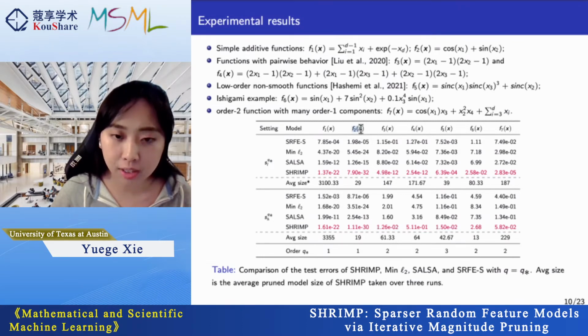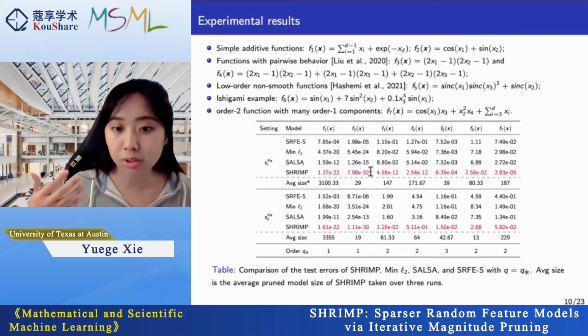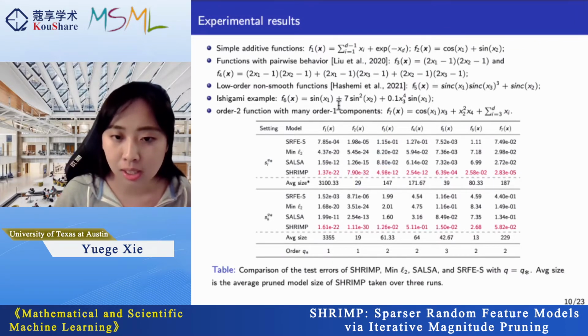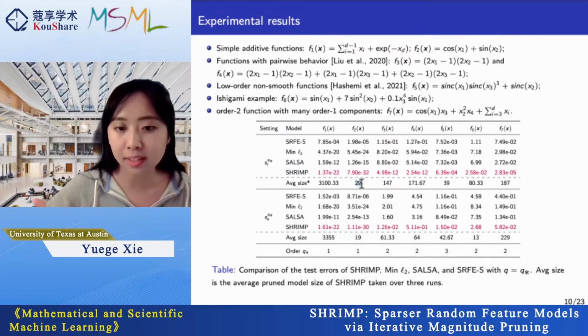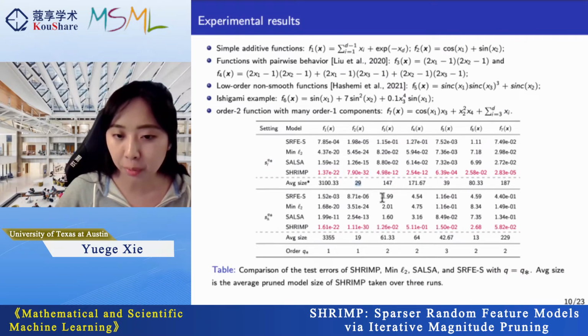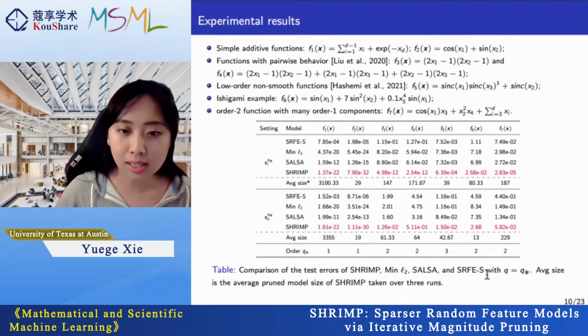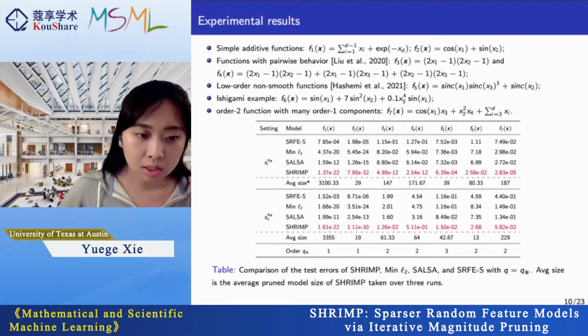For example, the F2 function, we can obtain orders of magnitude better performance, and also obtain the average size, which means how many coefficients are left in the resulting model. So the resulting model is very sparse as well. In these synthetic experiments, we can verify the better performance and also the sparsity of shrimp compared with other methods.